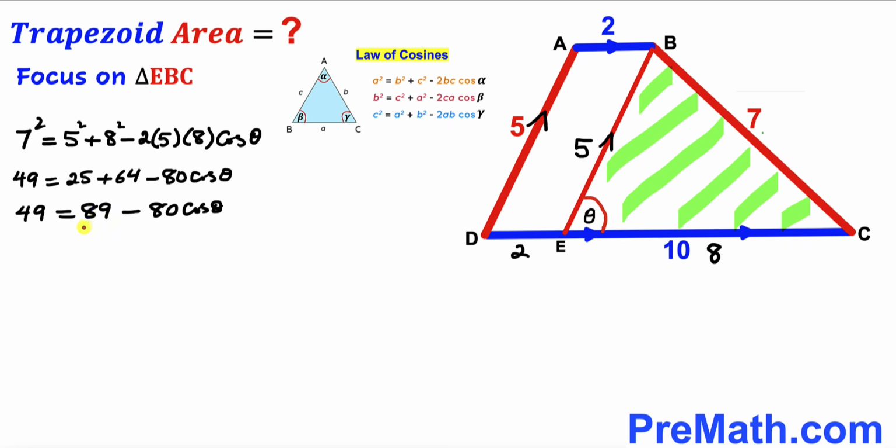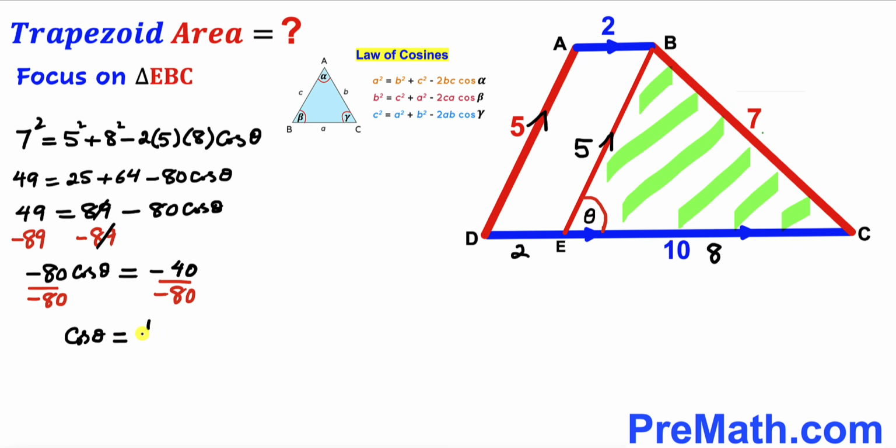Now I'm going to subtract 89 from both sides, and we end up with negative 80 times cosine of theta equals negative 40. Dividing both sides by negative 80 to isolate cosine of theta, cosine of theta turns out to be 1 divided by 2.